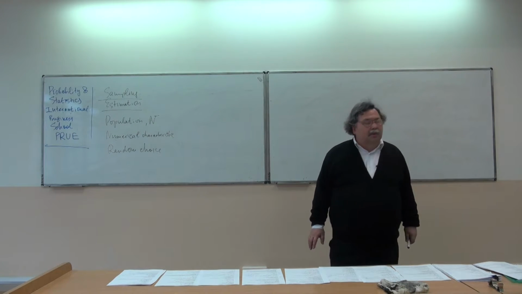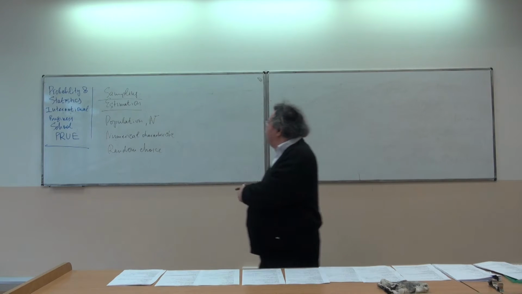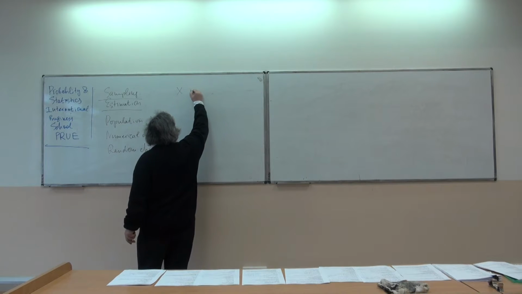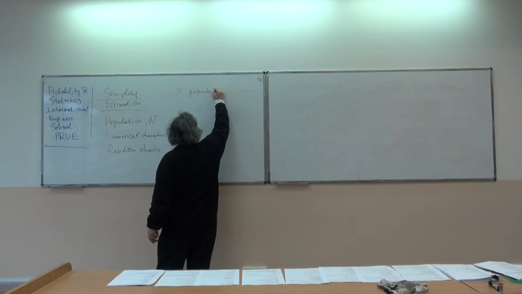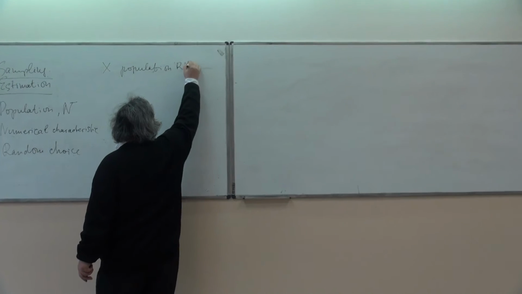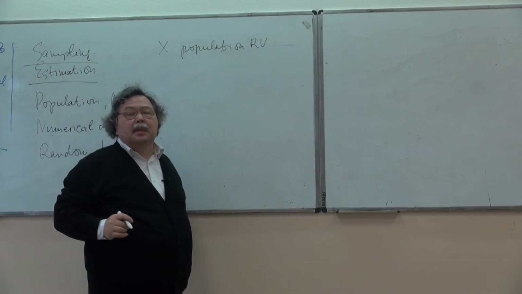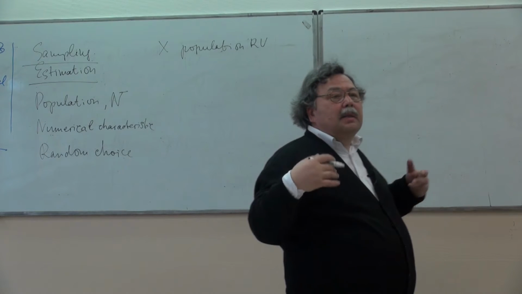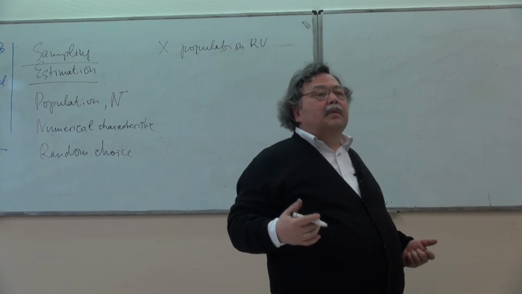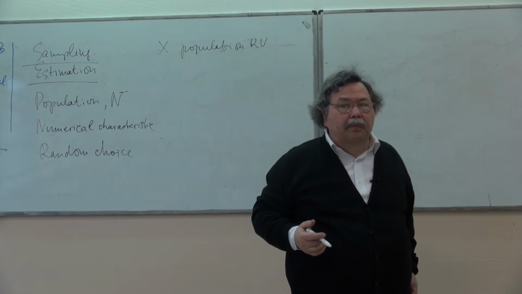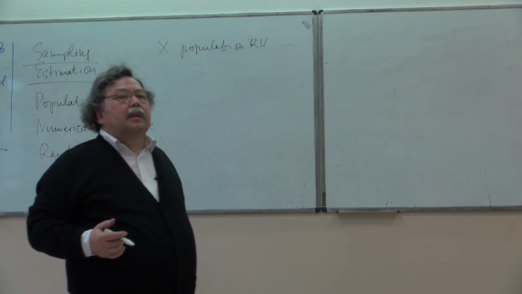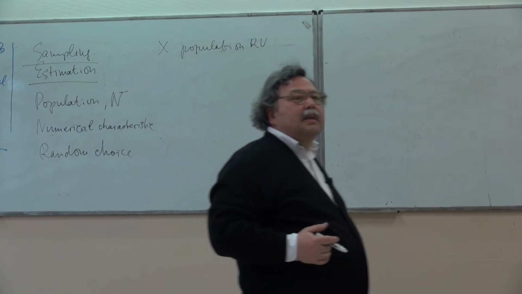And what's the distribution of this random variable? So if we choose one member at random from a population, the result is a random variable. What kind of distribution does it have? Well, on the one hand, this is a simple question.